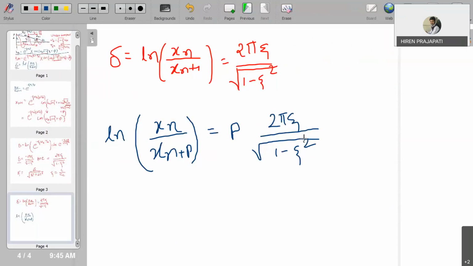so this is clear. Now if I do that, this is indicating delta, because delta is only for one cycle, the natural log of the ratio of two successive amplitudes. So this is only delta.